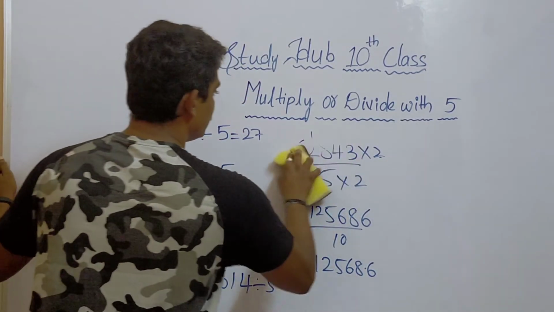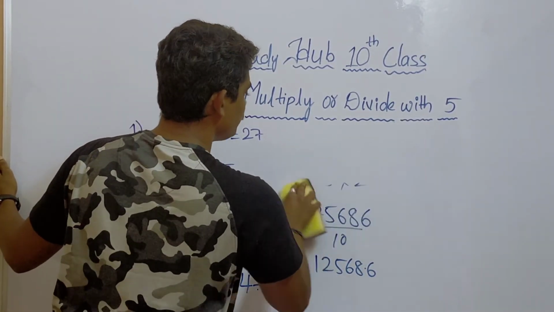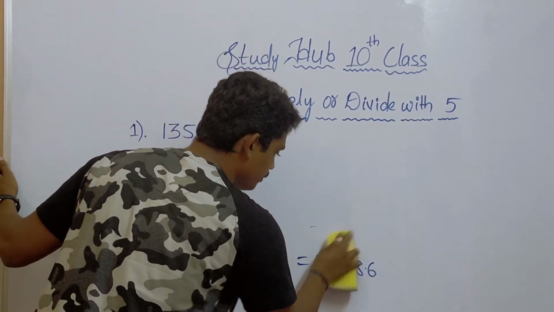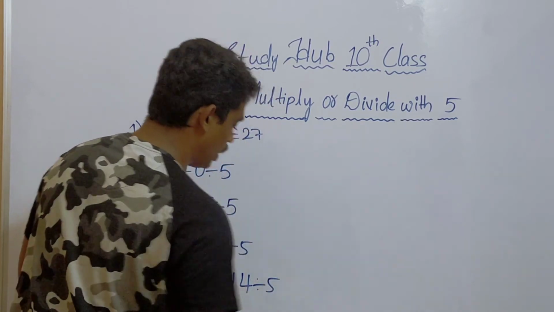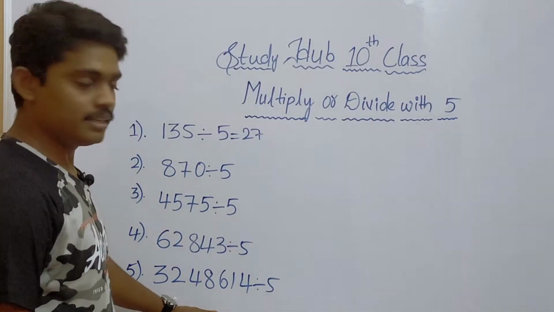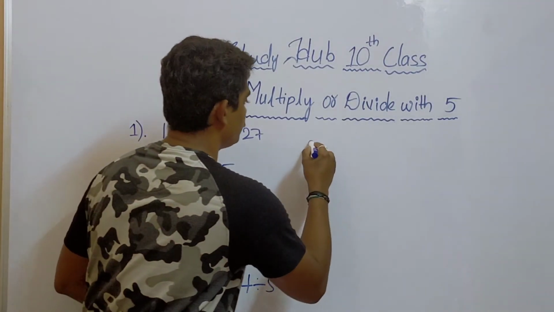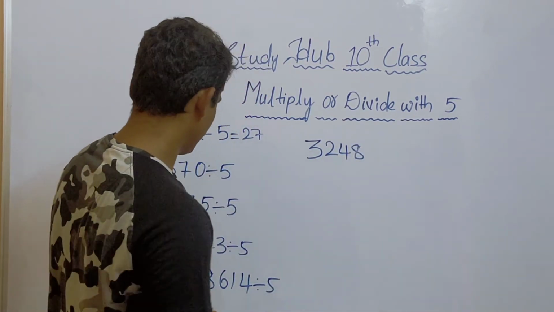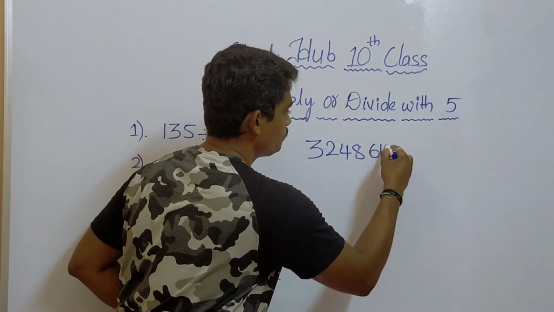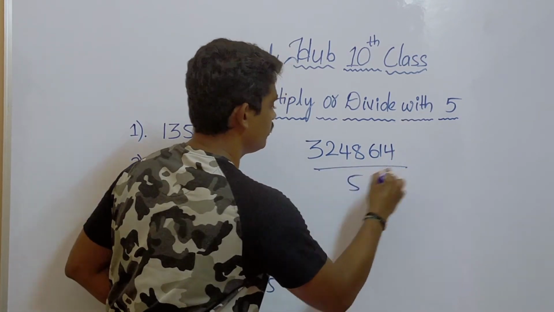Now let us see the fifth example. In the fifth example, we have taken a little bigger number, so that you will understand how fast we are calculating by using this technique. 3248614 divided by 5.